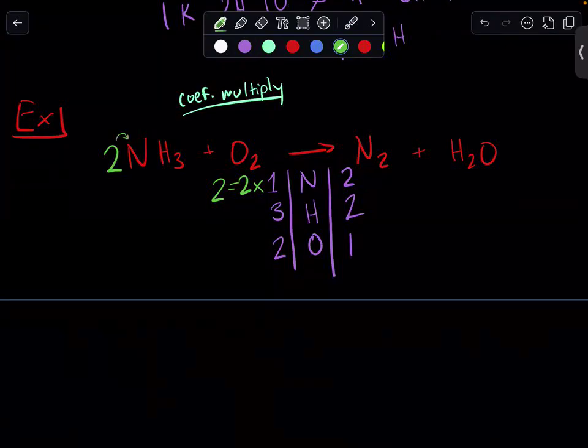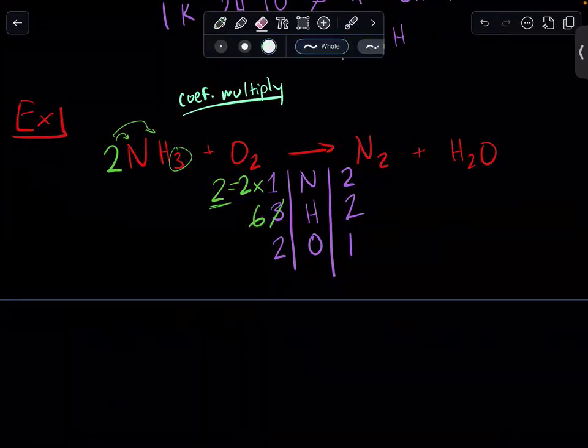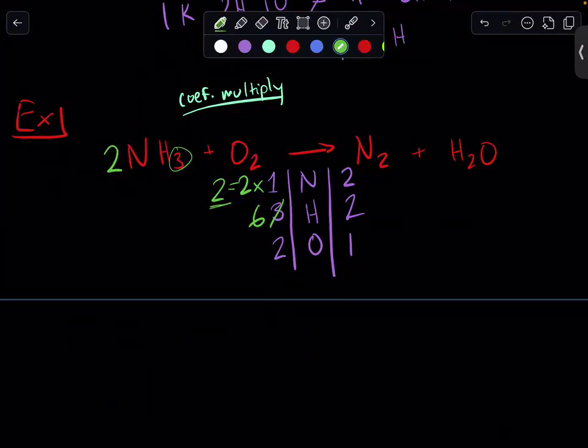Now that affects nitrogen, which is 2 right there, but it also affects hydrogen. So 2 times 3 hydrogen is going to turn this 3 into a 6. So now, as my equation stands, 2NH3 plus oxygen creates N2 plus H2O.